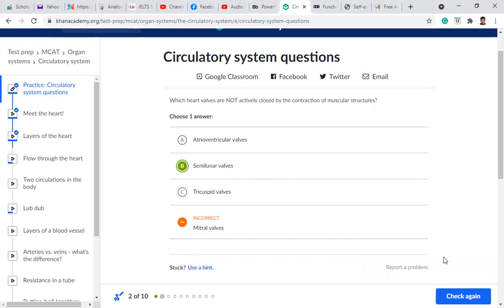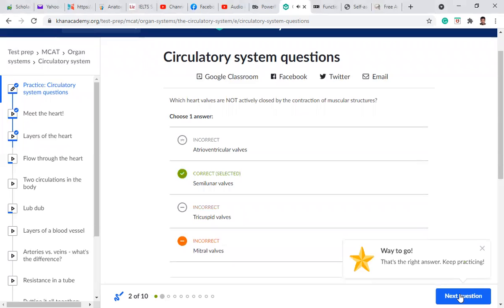So you have your semilunar valves, which are your aortic and your pulmonary valves. That is the correct answer. But I think I'll teach it again when we're looking at the cardiac cycle, diastole, and the systole, and then we'll go into details about the closure of the valves.